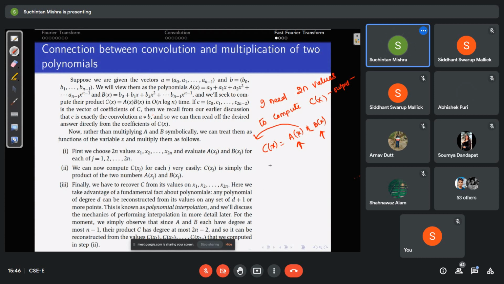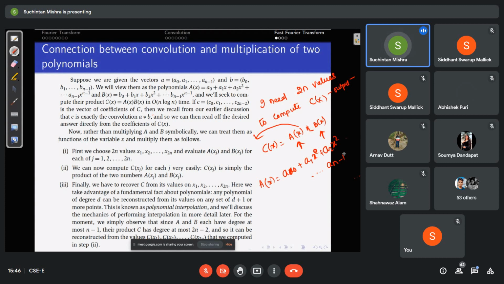If you see, A of x is a polynomial, a0 plus a1x, a2x square, and so on, until a n minus 1.